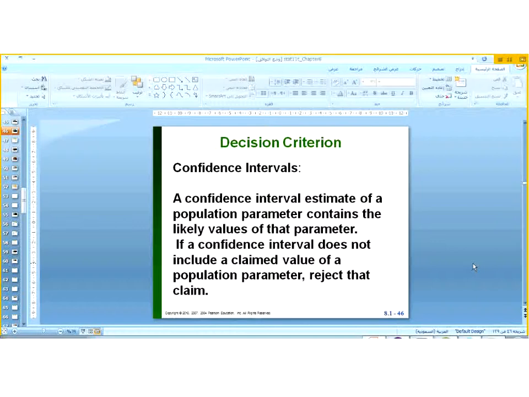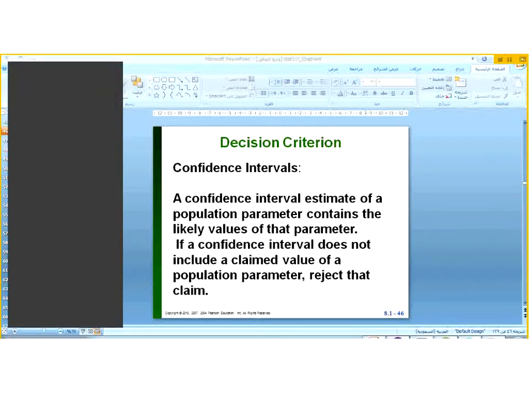Using the confidence interval estimated for a population parameter, if this confidence interval doesn't include the claimed value of the population parameter, reject the claim. So you saw the claim in H0 and H1. If this hypothesized value falls within the confidence interval, so I can't reject. But if it does not fall within this interval, so I will reject. If the value in my hypothesis falls inside the confidence interval, I say this is usual, right? So I can't reject H0. Otherwise, if it does not fall inside the interval, it falls outside, so in this case what do I say? Reject H0. Are the four criteria clear, girls?